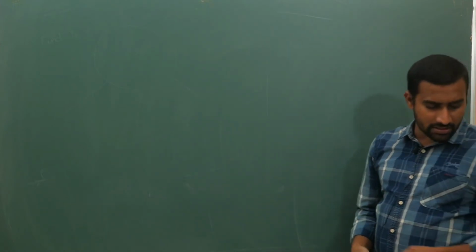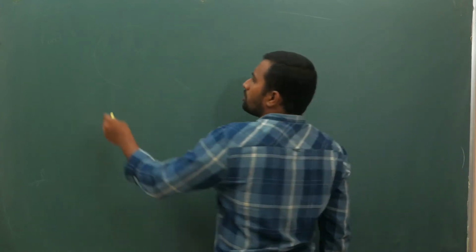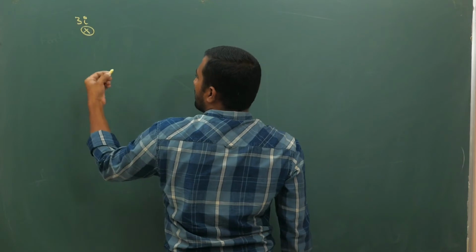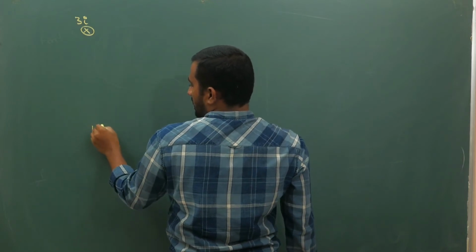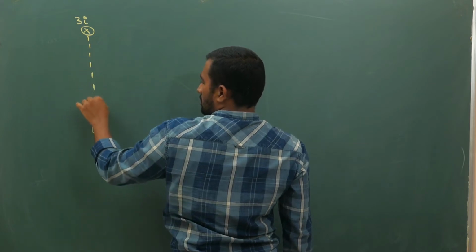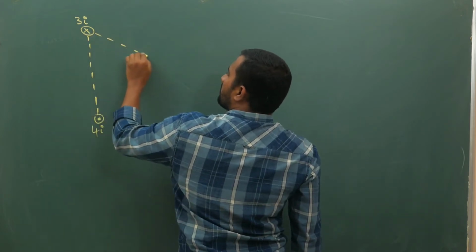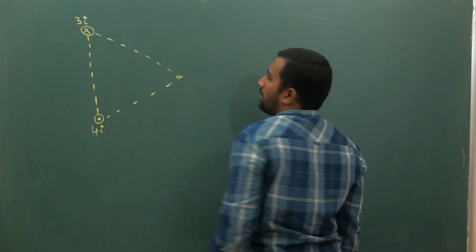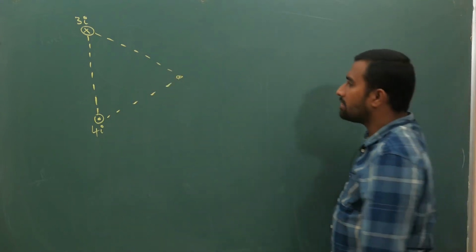Coming to the next question, there are two wires like this. The first wire is carrying current into the plane, the second wire is carrying current out of the plane, and there is a point P here.